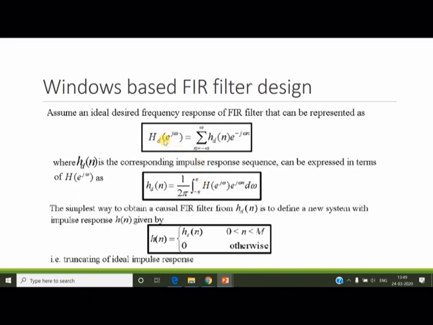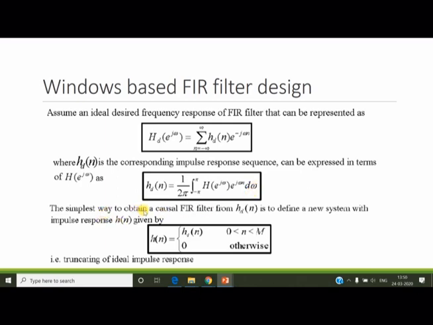So in the later phase of designing, we are replacing this term with a unity magnitude, and in the integration limits we are substituting the appropriate cutoff frequency values according to the type of filter. But in general, h_D[n] will be computed as 1 by 2 pi integration from minus pi to plus pi of H_D of omega into the basis function e raised to j omega n d omega.